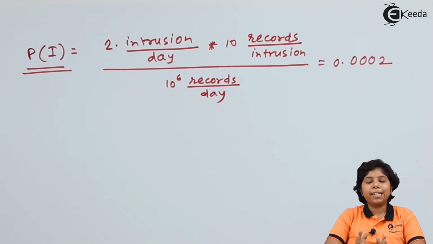Now suppose that A is an alarm raised by this IDS, the intrusion detection algorithm, by signature based detection. So P(A|I) is 0.0002.